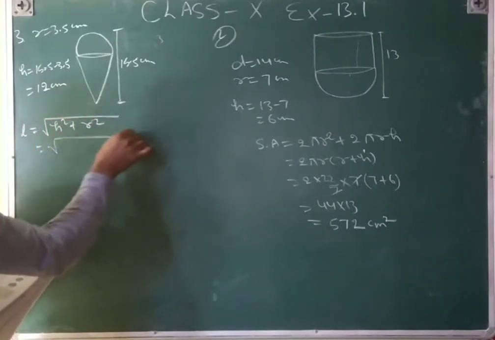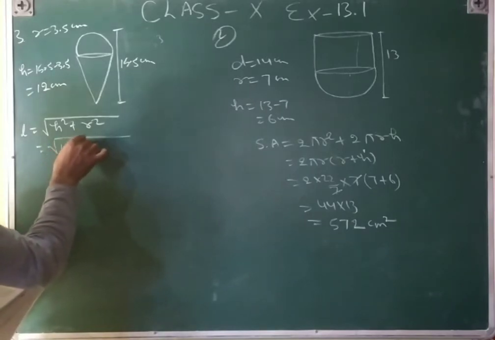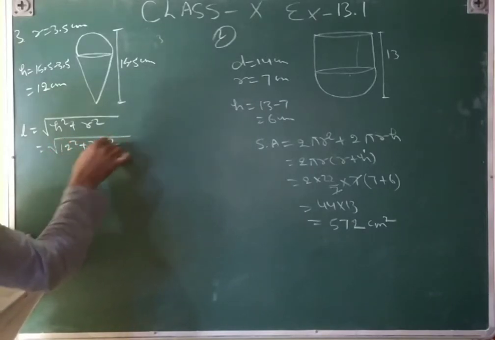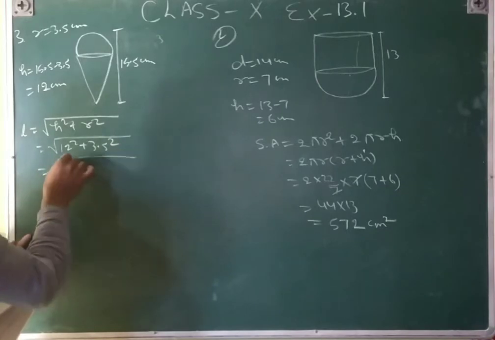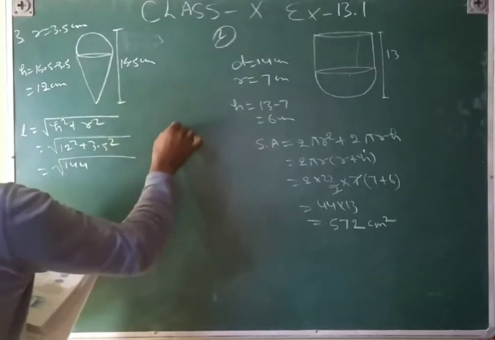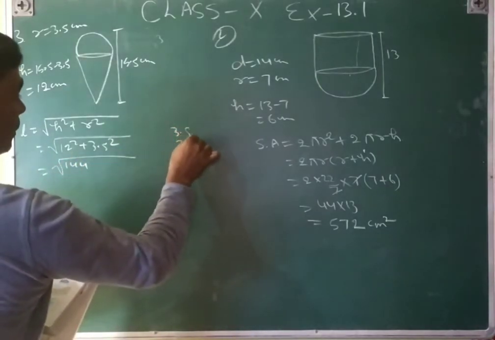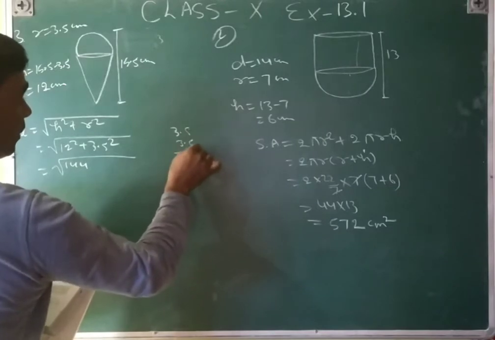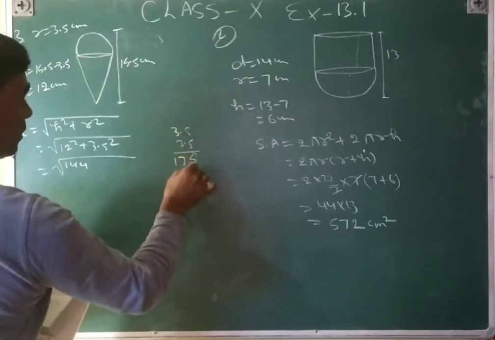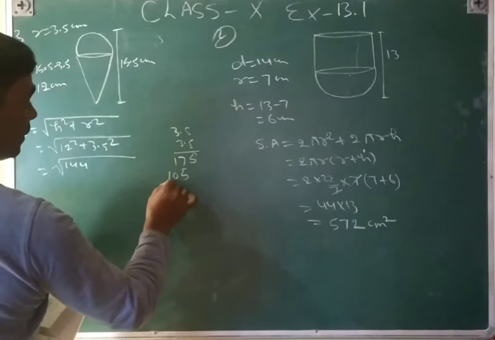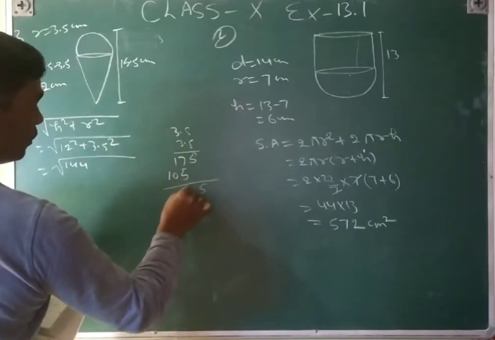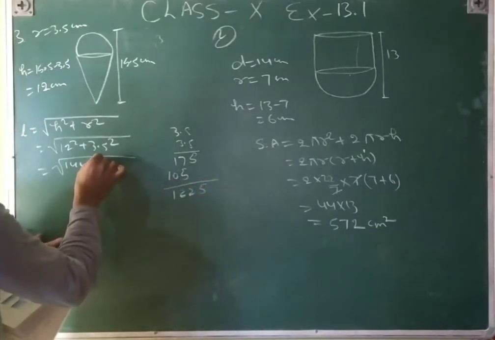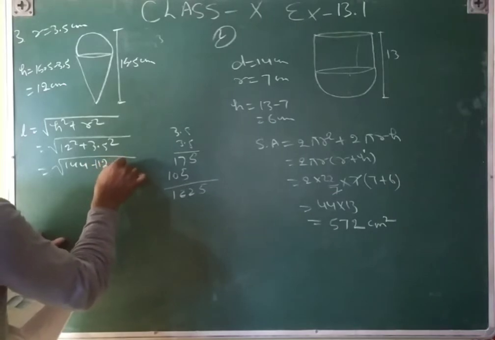So 12 square plus 3.5 square. 12 12s are 144, and then 3.5 square is 12.25.